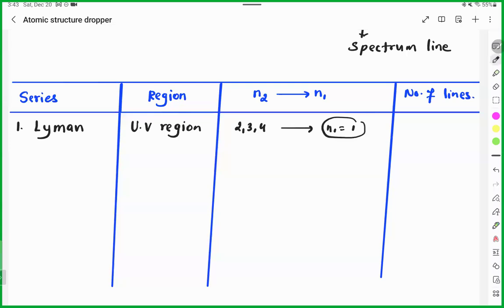N1 is first. This is the N2 value. So it can move to the first orbit from any of the orbits. We don't care which orbit. And what is the number of lines formed here? One. How the lines form, I'll tell you later.